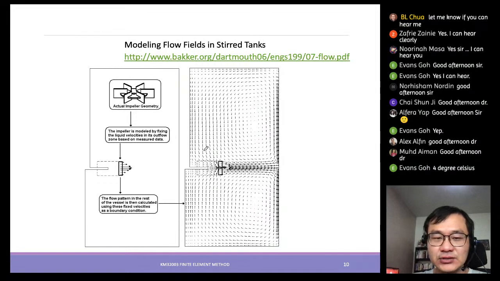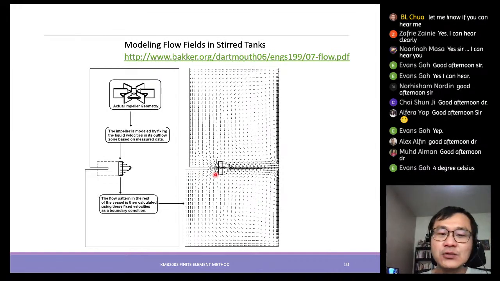I extracted his results from here, where you can see how he models the actual propeller, which keeps rotating to stir this whole tank. You can see that in the tank design there is a notch over here, so that the fluid will keep rotating over here and over here by design.